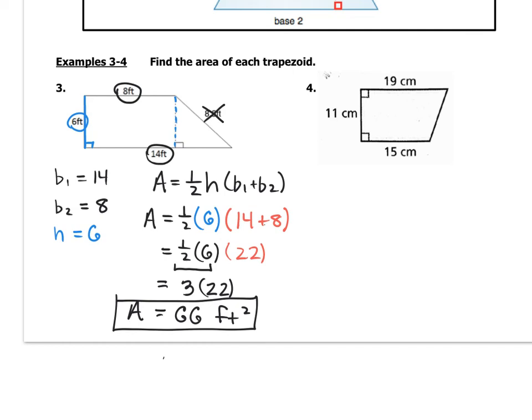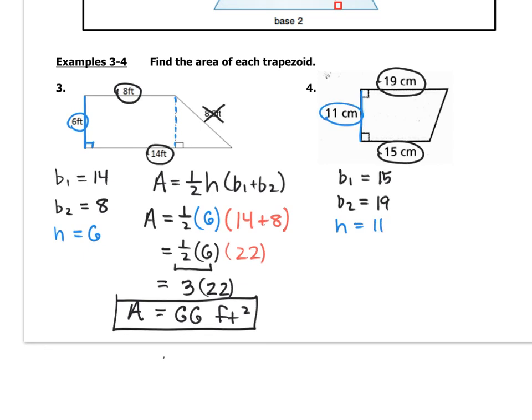Okay, number 4, let's do the same thing. Label our base 1, base 2, and our height. So base 1 for this trapezoid I'll call 15, and then base 2 is going to be the opposite parallel side, that's 19. The height is the distance from one base to the other, and that's going to be 11.